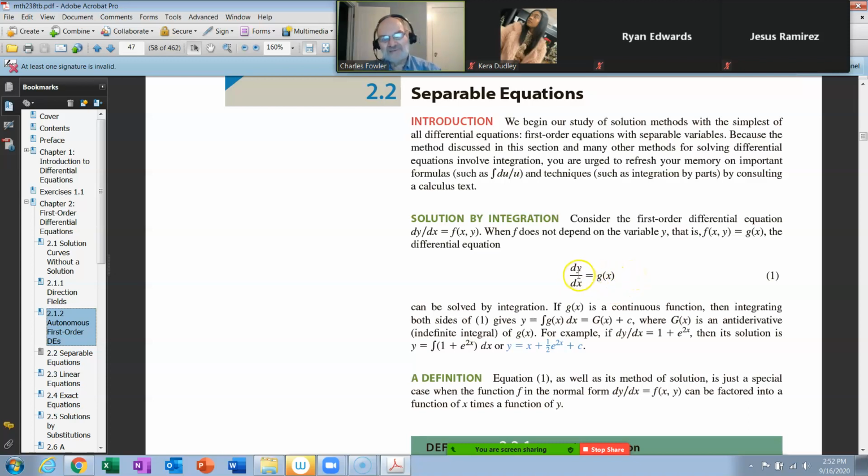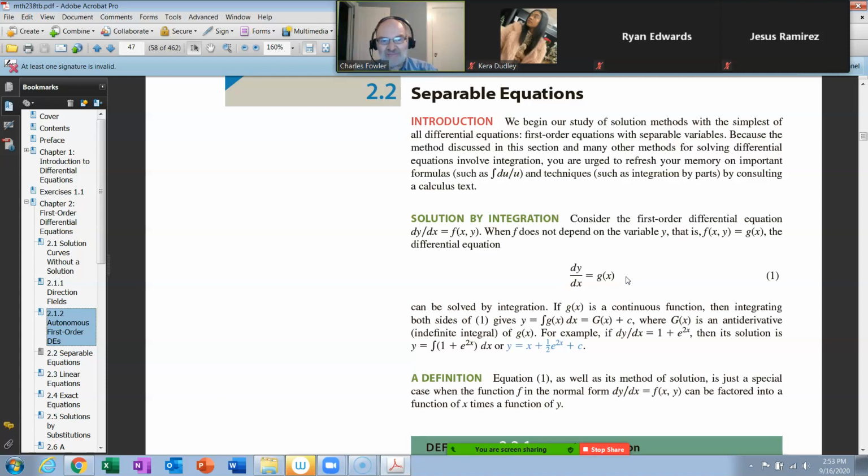Think of writing this as a differential. It's written as a derivative: dy/dx is equal to g of x. If you wrote that as a differential, that would be dy is equal to g of x dx. It's kind of like you're multiplying both sides of the equation by dx. Of course, dy/dx is not a product, it's an operator.